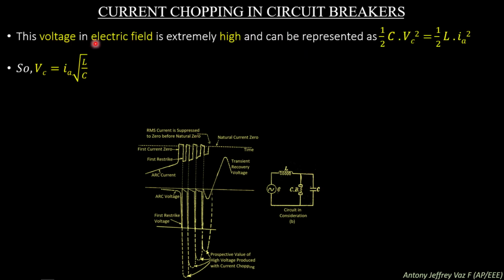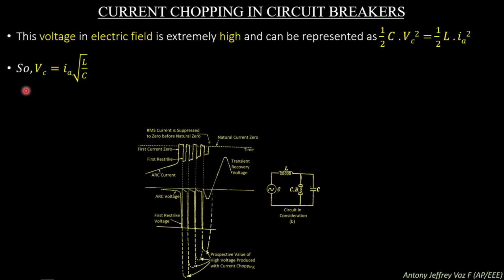This voltage in the electric field is extremely high and can be represented as half C VC squared equals half L IA squared. Here C represents the capacitance in farad, VC represents the voltage across the capacitor, L represents the inductance of the total system, and IA represents the arc current in the circuit breaker contacts.